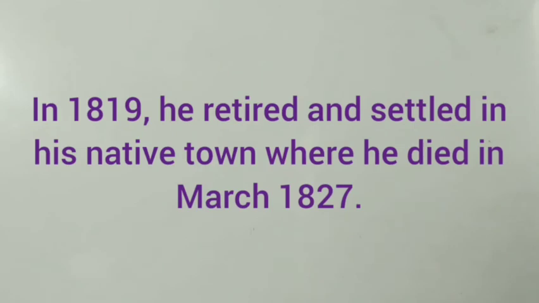In 1819, he retired and settled in his native town, where he died in March 1827. This is the passage we have learned about Alessandro Volta, and we already have collected so many pieces of information. Now we should complete our table.